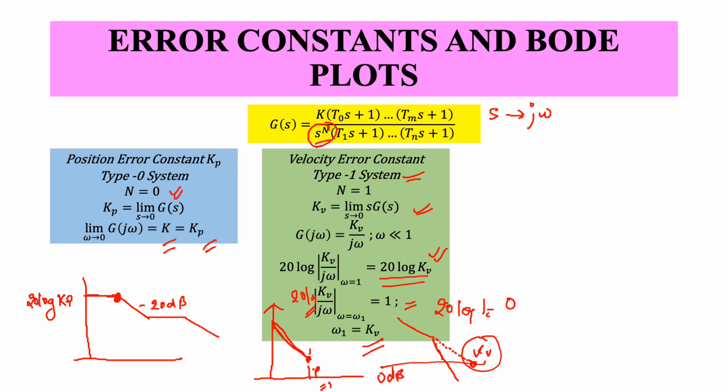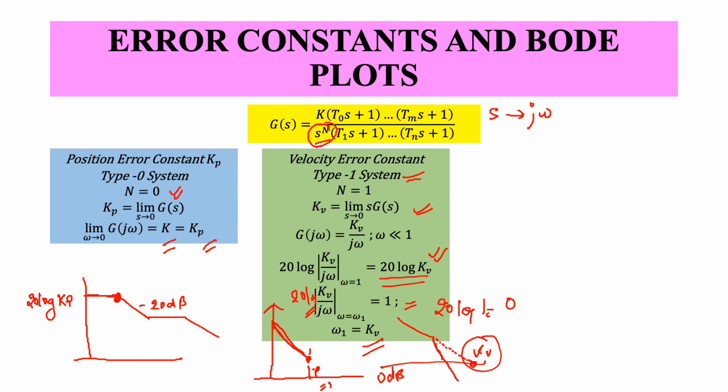So Kv is the limit as s approaches 0 of G(s). Similarly for omega. For a type 1 system, whatever remains after everything is substituted to 0 is Kv, right? So G(j omega) for lower frequency will give me Kv.